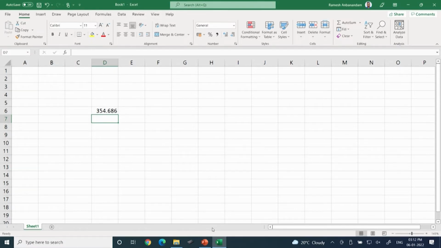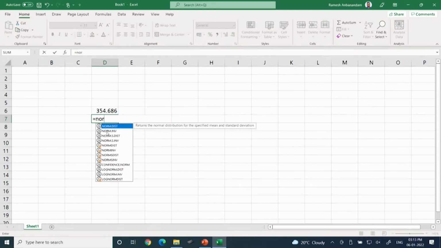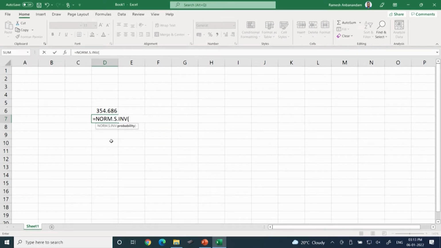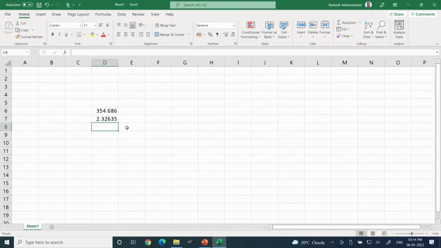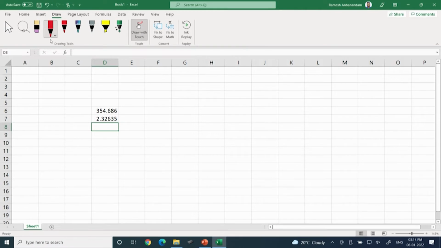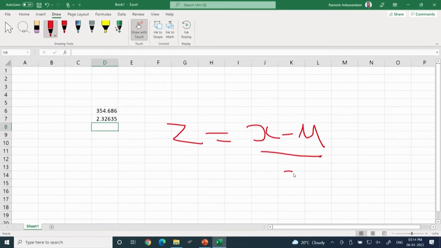Suppose if you use the other formula, NORM.S.INV of 0.99, we are getting the z value as 2.33. If z is 2.33, we know the formula z equal to x minus mu by sigma.